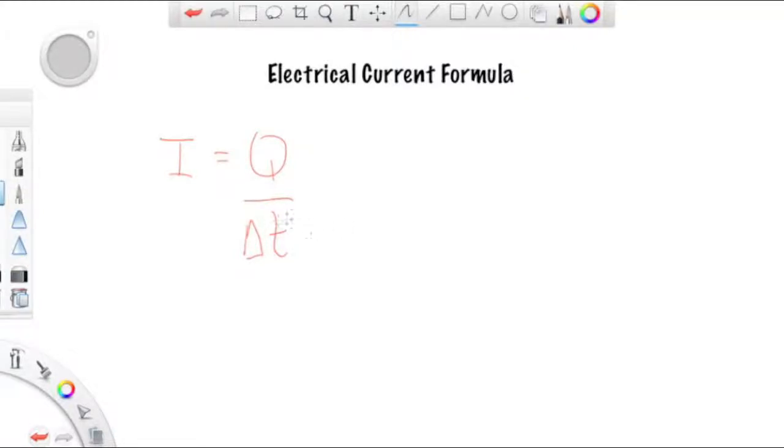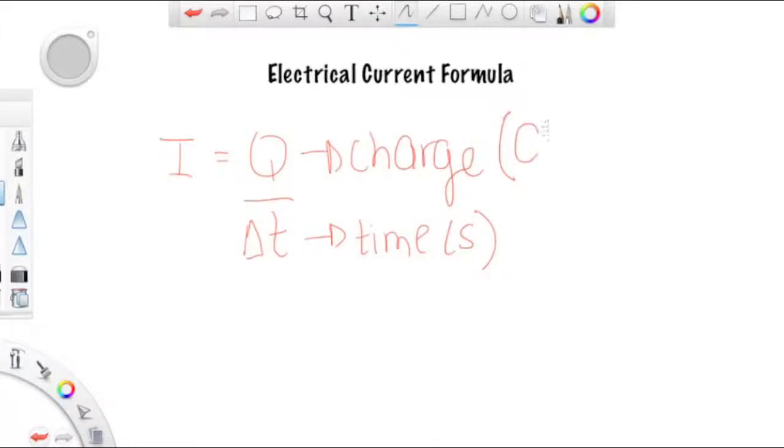The T stands for time, which you should put in seconds. Q stands for charge, which can be written in the unit of C, standing for coulombs, and I stands for current, which we put in amps.